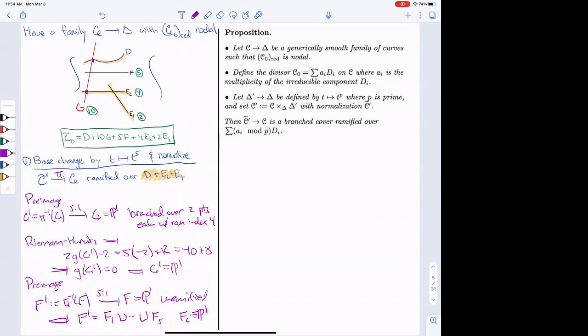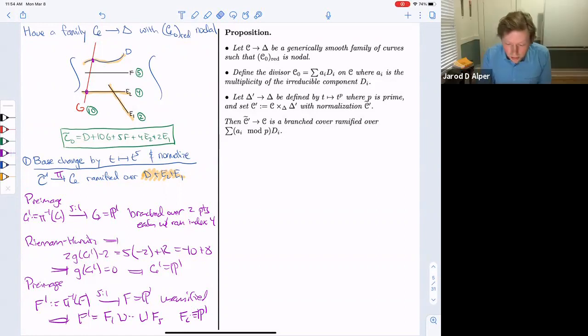So it is 0 when p divides the coefficient, and otherwise it is 1. So that gives the coefficients. Do you want me to write union instead of plus there? Like it's ramified over the union of D, E2, and E1. Yeah, I agree with what you're saying.